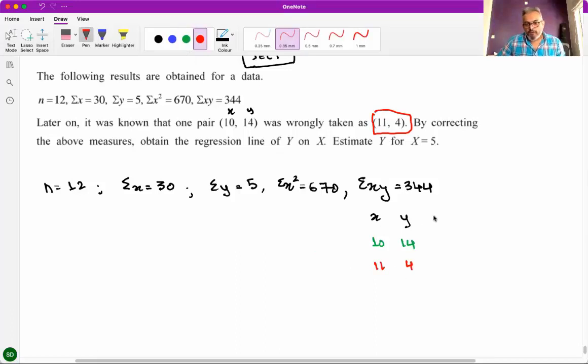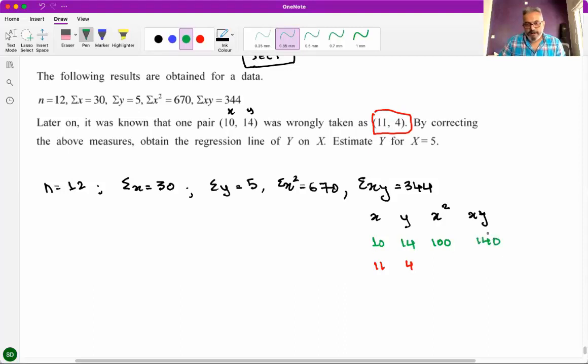Now, what was wrongly done because of this? So we had wrong x square, wrong xy, wrong sigma x, and wrong sigma y. Now x square, so 10 square is 100, xy, so x into y is 140.